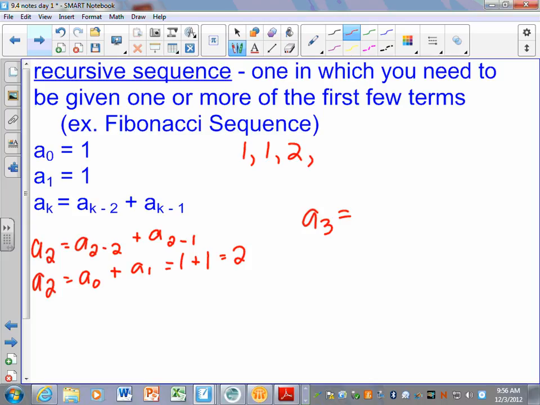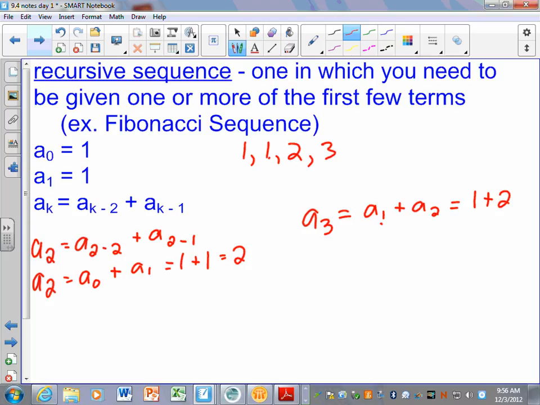A sub 3 is the sum of the 2 before it. So that's going to be a sub 1 plus a sub 2. Where am I getting these numbers? 3 minus 2 is 1. 3 minus 1 is 2. Do we know what these two numbers are in the sequence? 1 and 2.